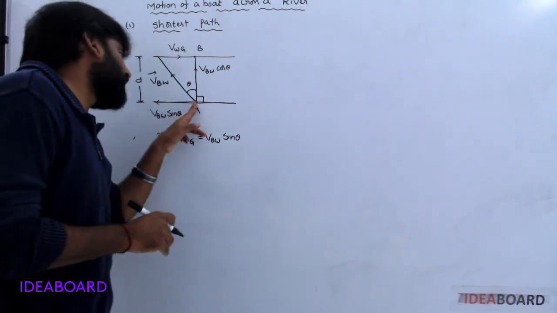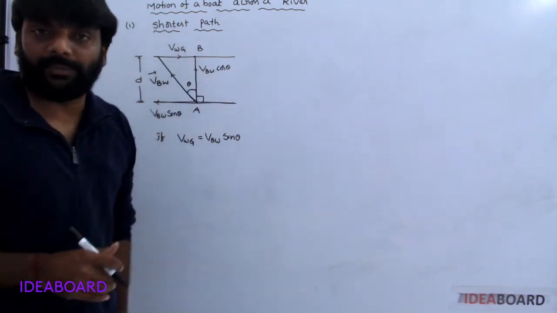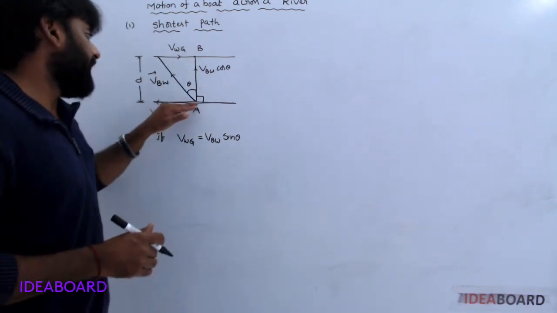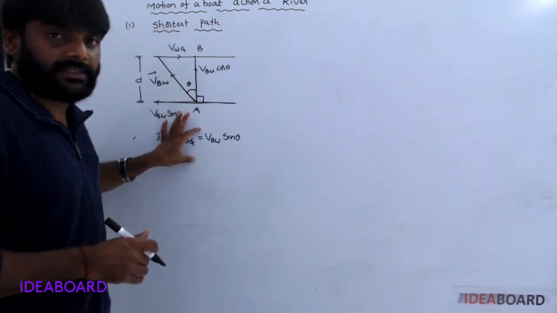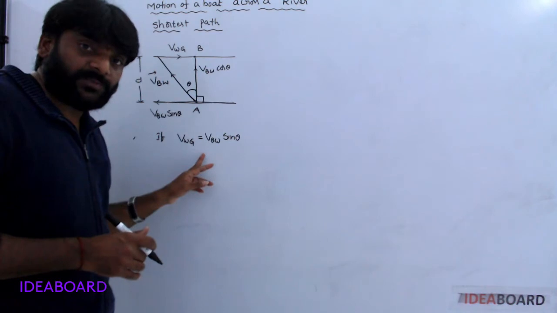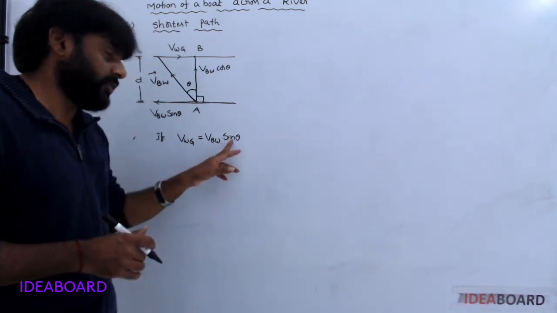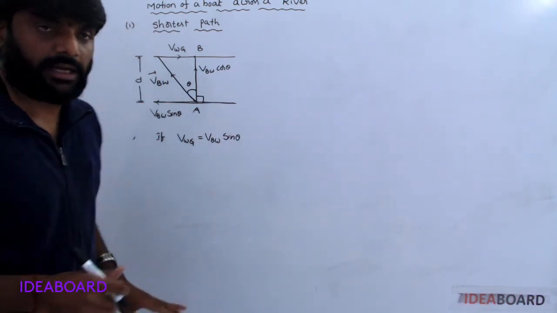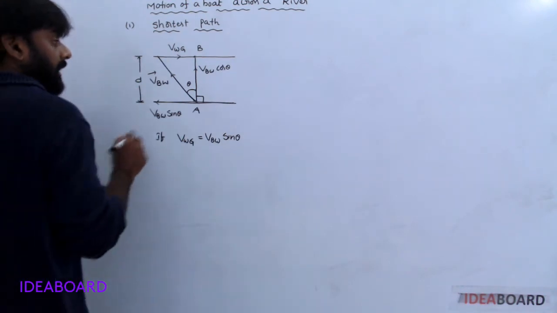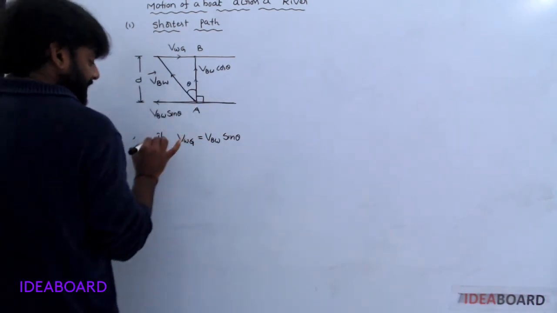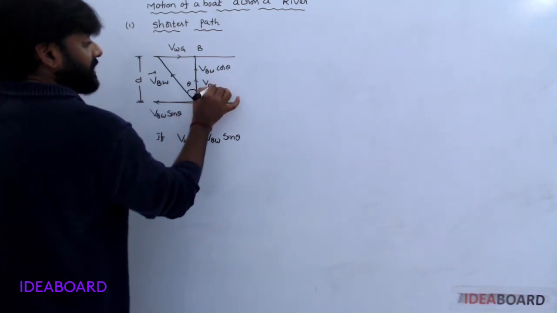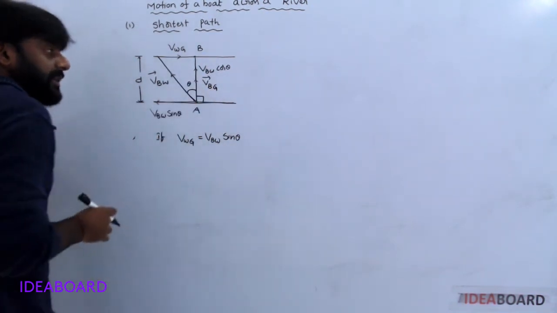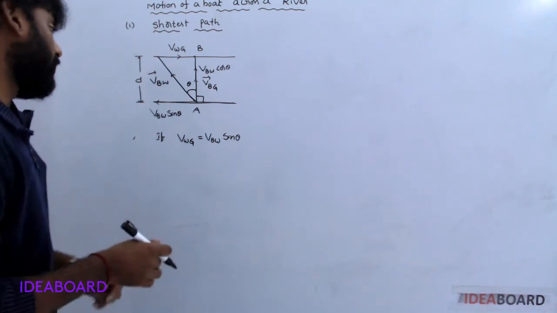Only in that case does the person reach exactly the opposite point B. Only when water velocity with respect to ground equals boat velocity with respect to water into sine theta. Understood? In this case, this one represents the boat velocity with respect to ground.